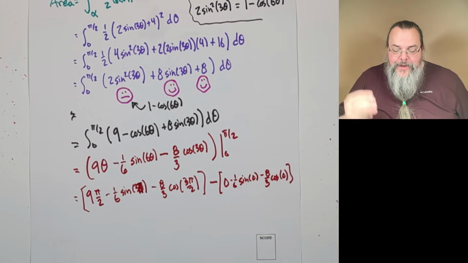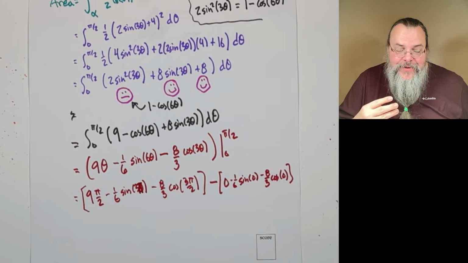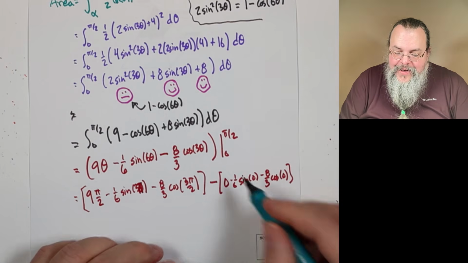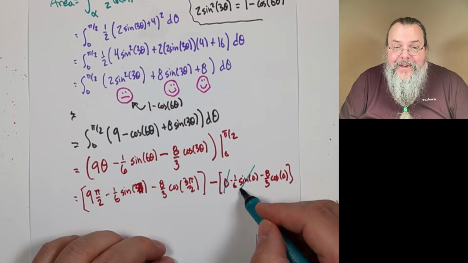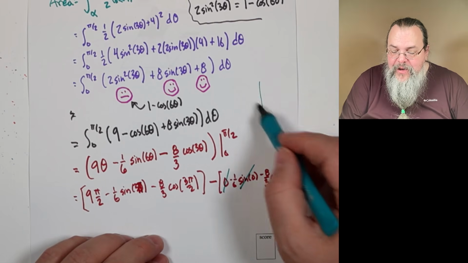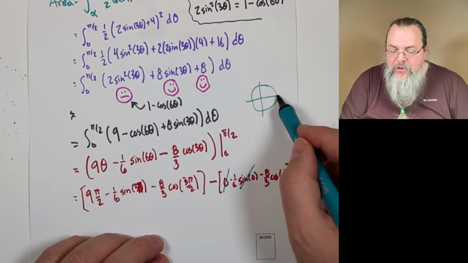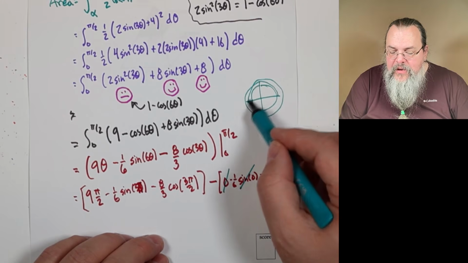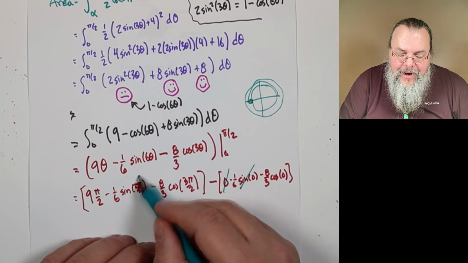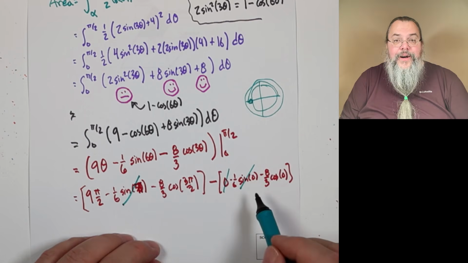Apologies. Half the terms just disappear automatically. The 0, gone. The sine of 0, gone. And sine of 3 pi, if you think about the circle, sine of 3 pi says you're over here. The y coordinate is 0, gone. So those terms are all gone.